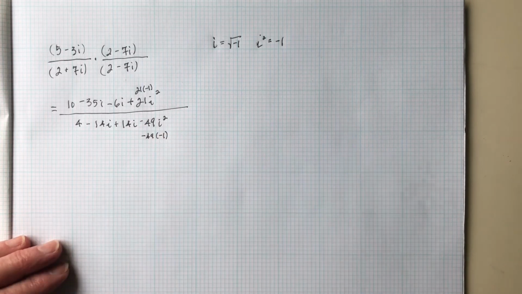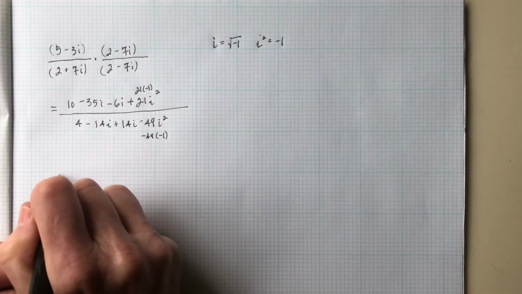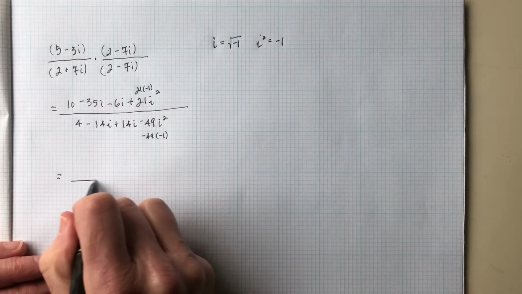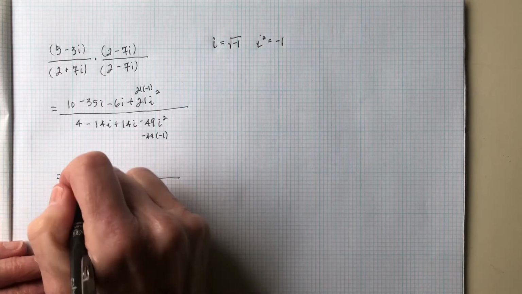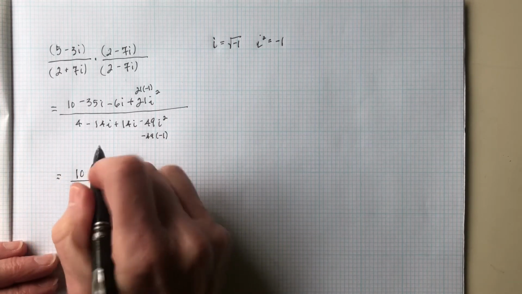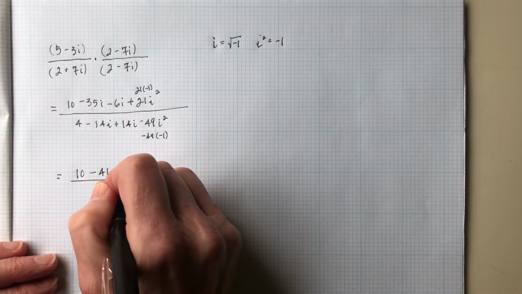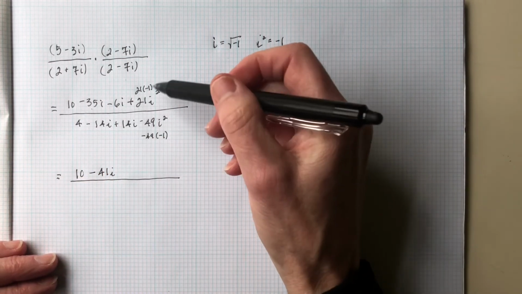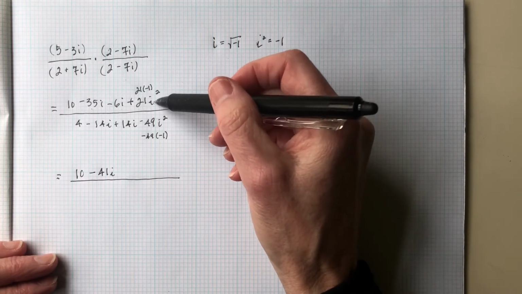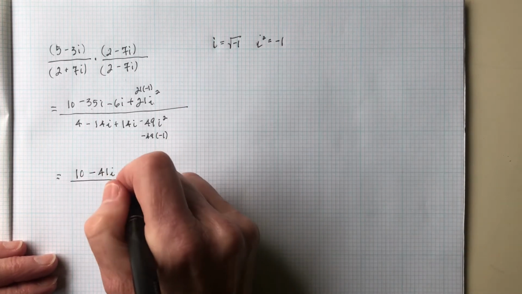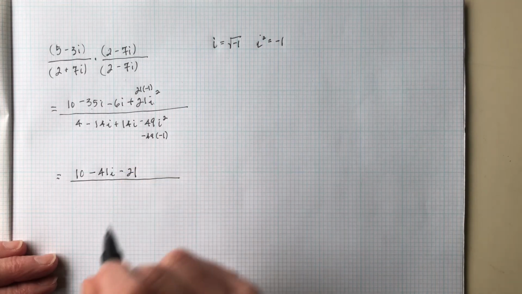And that'll be important as we continue to simplify. So in our numerator here we have 10. That'll give me minus 41i. And then this 21 times i squared, which is 21 times negative 1, gives me negative 21.